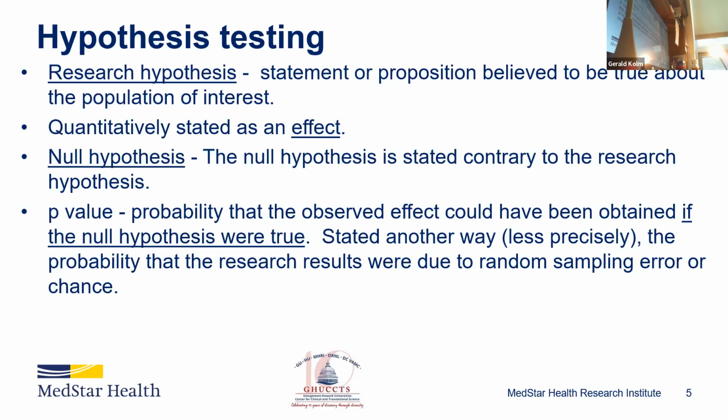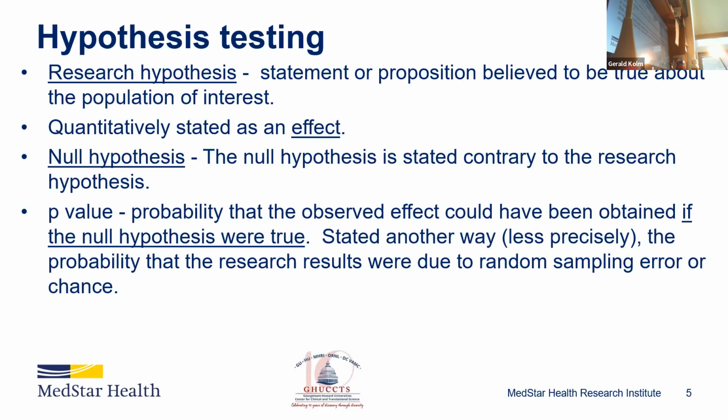And then from a statistical standpoint, when we do the statistical analysis as well as the power analysis, we have what's known as the null hypothesis, and this is straight contrary to the research hypothesis. And the well-known p-value that you see in research studies, that's the probability that the observed effect could have been obtained if the null hypothesis were true.